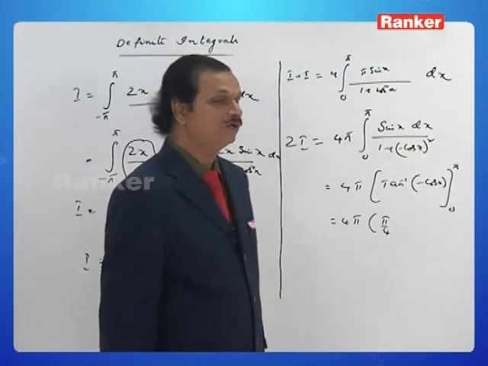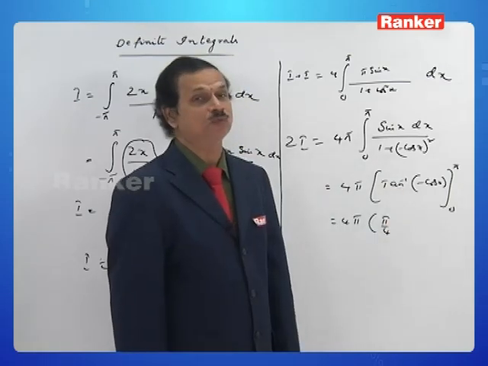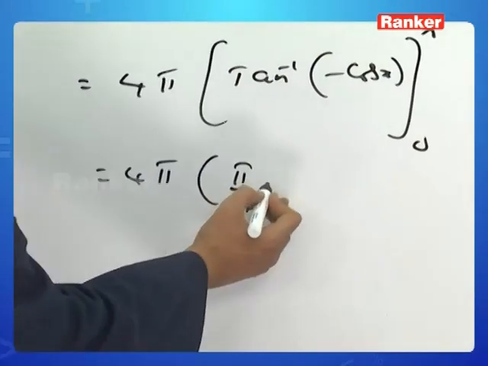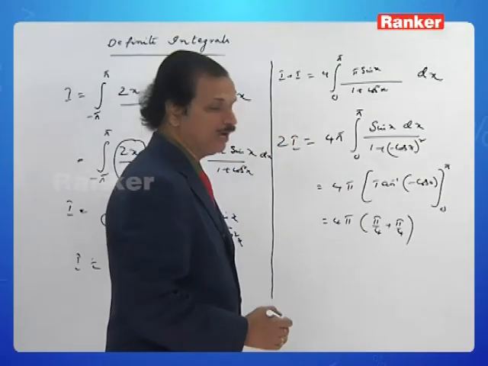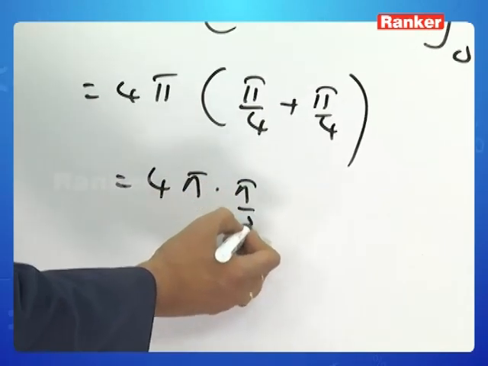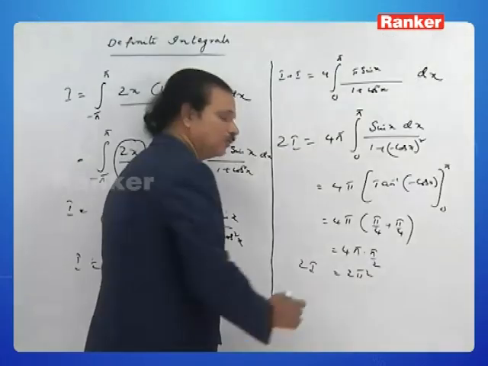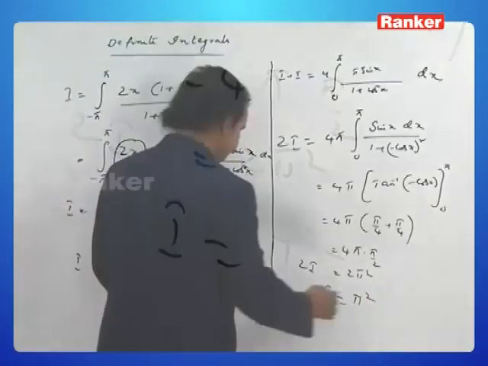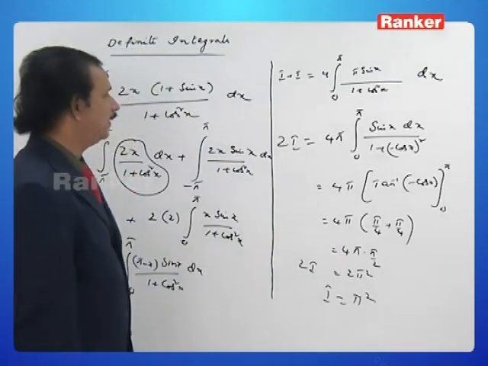If you put 0, cos 0 is 1, minus cos 0 is minus 1, tan inverse of minus 1 is minus pi by 4, minus of minus pi by 4 is pi by 4. Pi by 4 plus pi by 4 is pi by 2. So this is pi into pi by 2, which is pi square by 2. Hence I is pi square by 4. Hence the answer for this question is as derived.